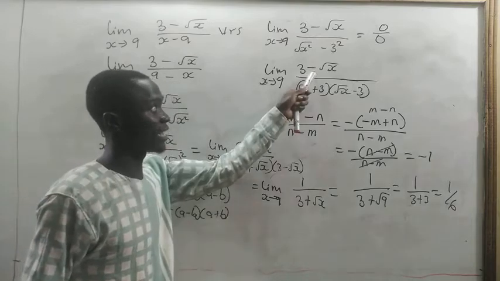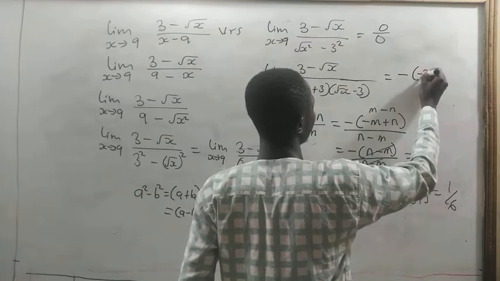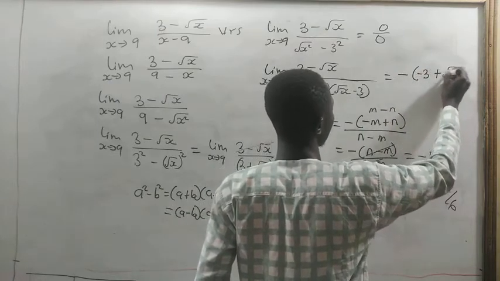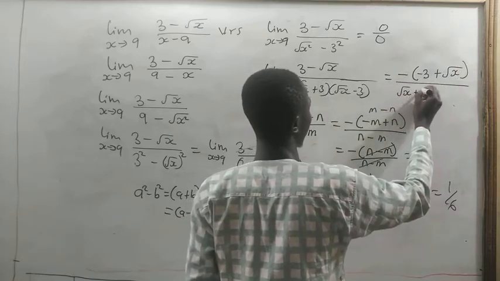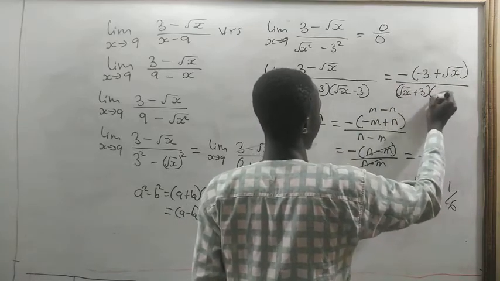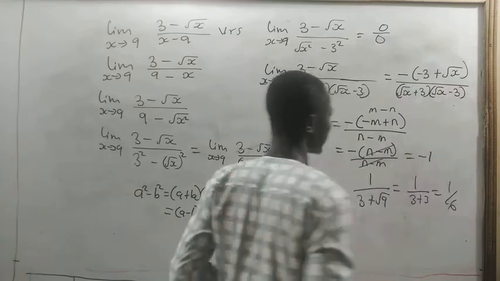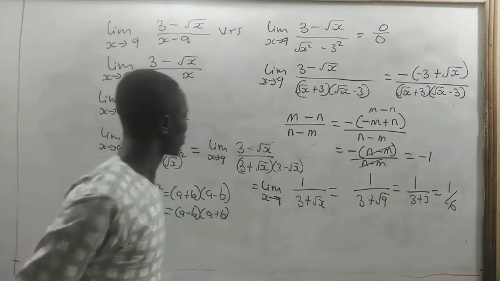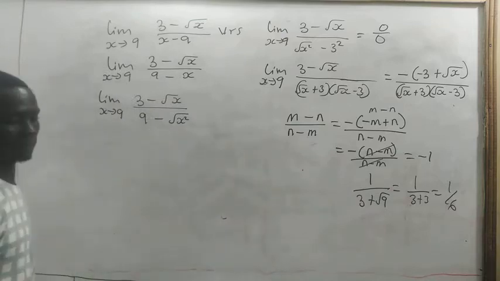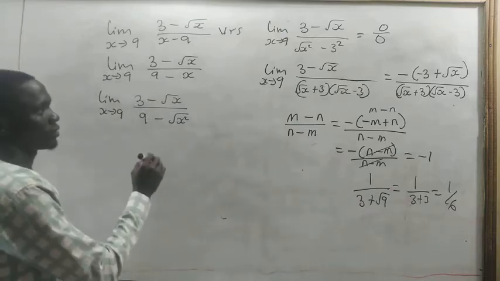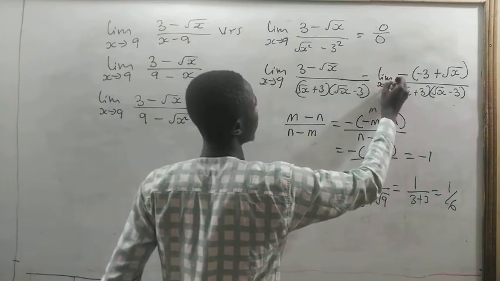Now, we are going to apply it at the top here. So here I'm going to have negative into bracket square root of x minus 3, divided by square root of x plus 3 times square root of x minus 3. Wow! So we are going to get, let's bring the limit as x approaches 9.